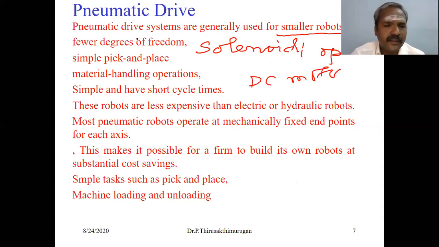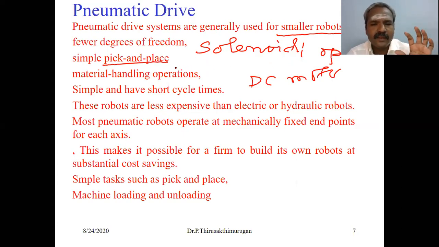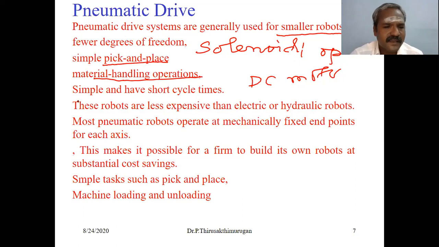The major purpose of pneumatic drive systems is pick and place. Last class we showed one pick and place robot made with wooden arms. Then material handling operations. These are simple and have very short cycle times.